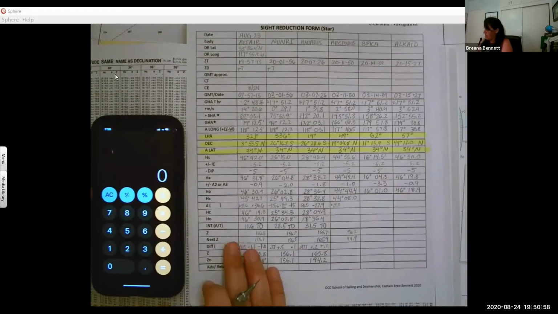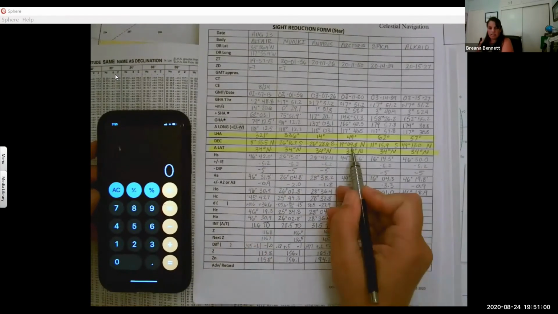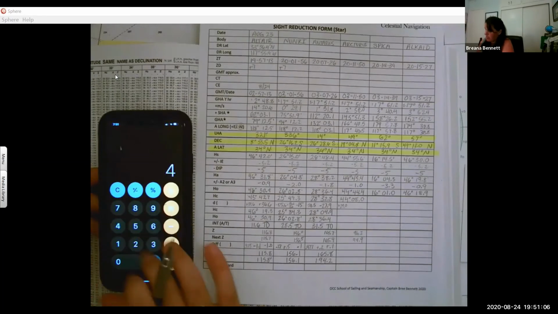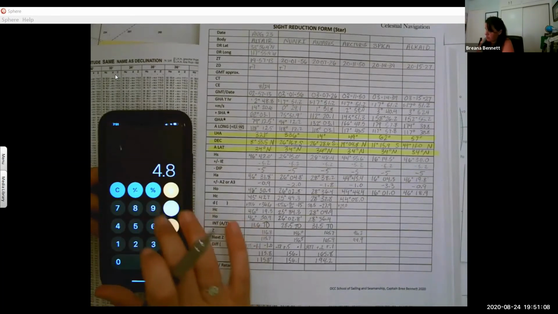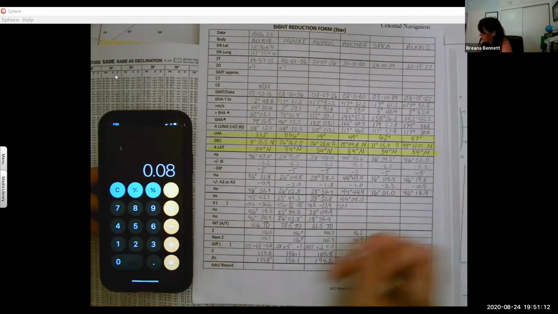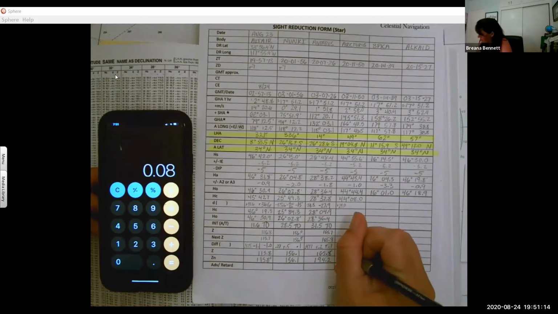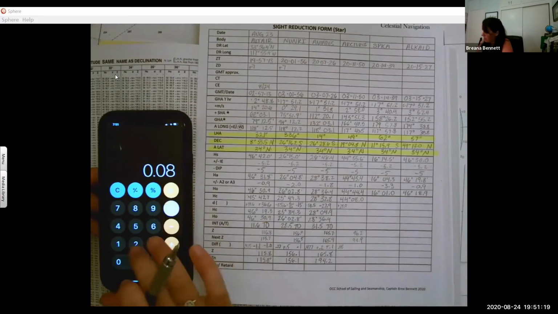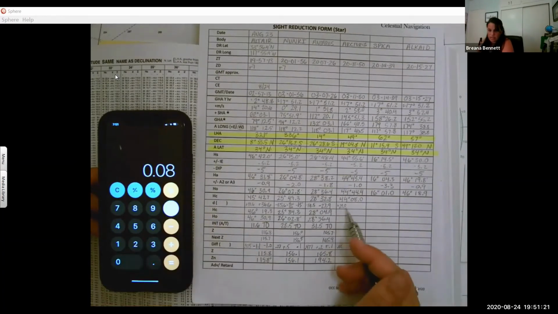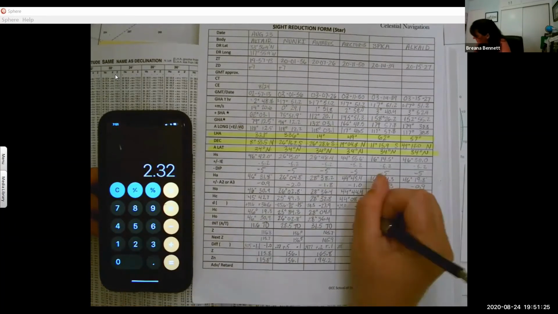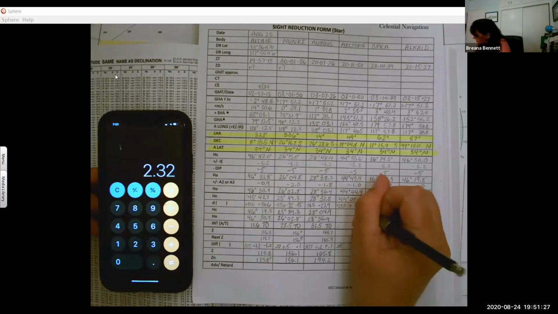Okay, so now it's time for our calculating. Our remainder on the declination is 4.8, a very small number here. 4.8 divided by 60 gives us 0.08. And we multiply that by 29.0, which gives us a plus 2.3.